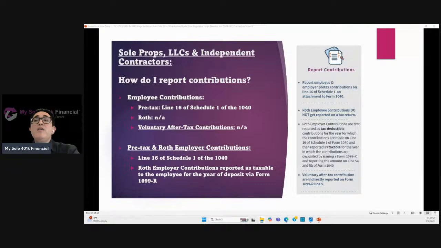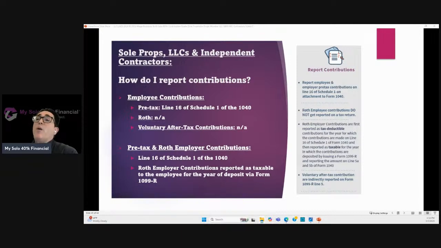Now, if it is an employer contribution made as a pre-tax contribution, then it won't be taxed. The contribution will reduce the taxable income for the year for which the contribution is being made. Once it's reported on line 16 of Schedule 1 of the 1040, there's no more reporting.